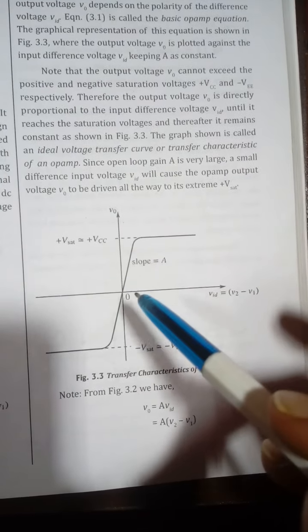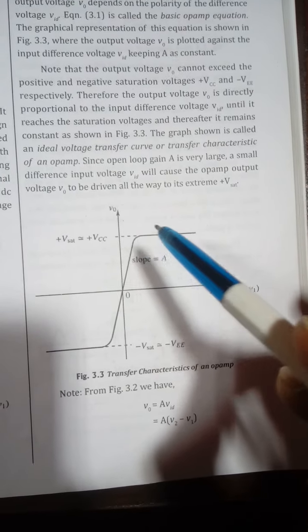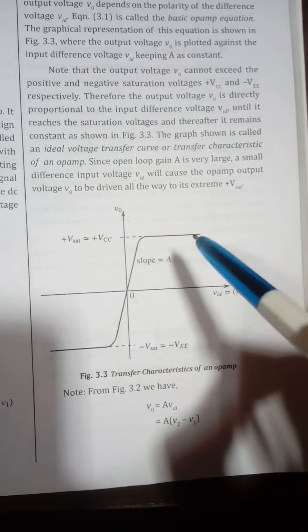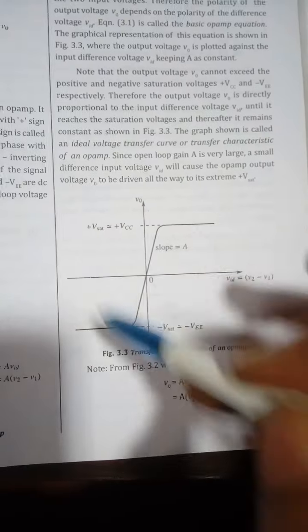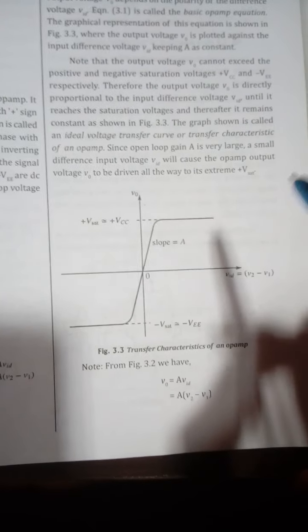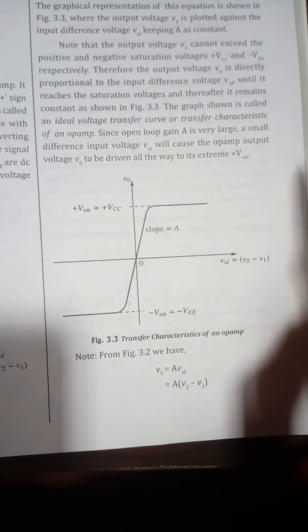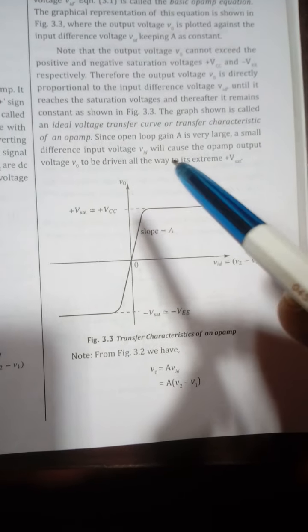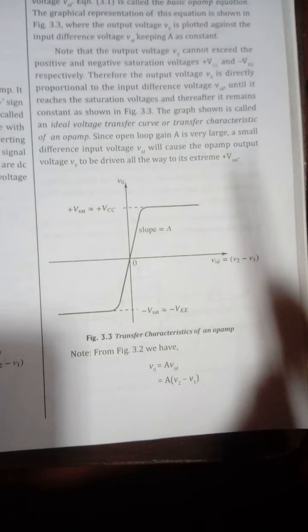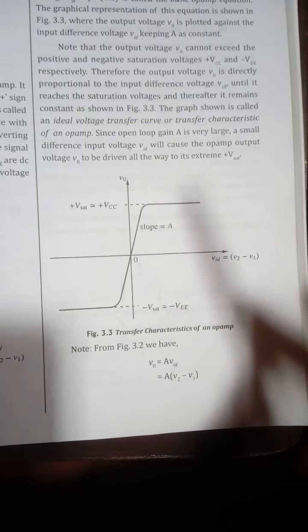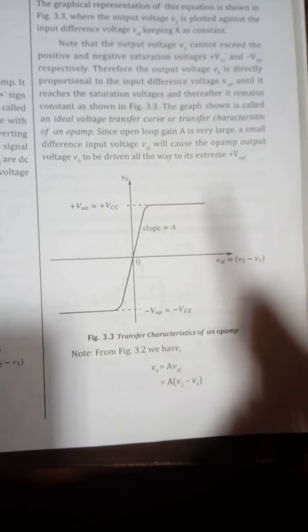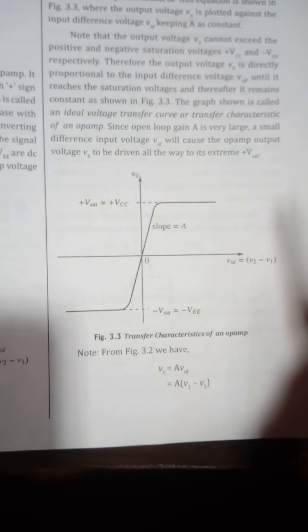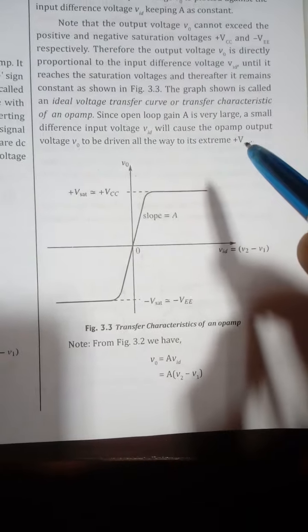So this graph is called the ideal voltage transfer curve, or the transfer characteristics of an op-amp, right? Then the open loop gain is very large, okay, and even a small difference input voltage VID will cause the op-amp output voltage to be driven all the way to its extreme, plus Vsat.